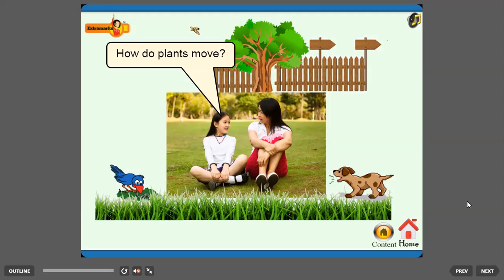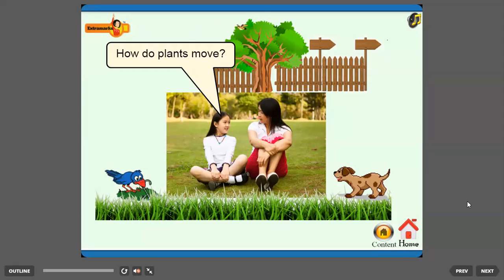Plant movements can be of two types: tropic movement and nastic movement. Now, what is tropism? The environment has a great influence on the plant shape. A growth response that results in the movement of a plant towards or away from stimuli is called tropism. Now we have positive tropism and negative tropism.